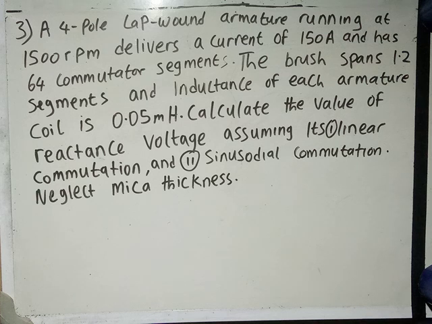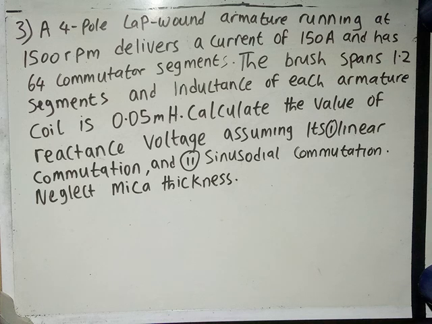We're looking at a question under commutation. The question says a 4-pole lap wound armature running at 1500 RPM delivers a current of 150 ampere and has 64 commutator segments.